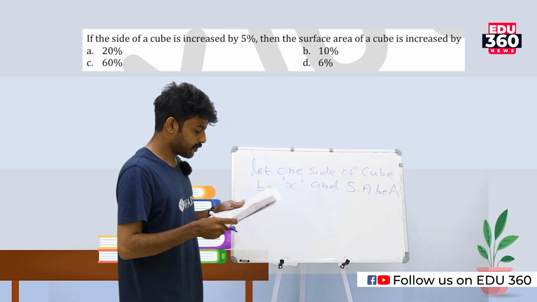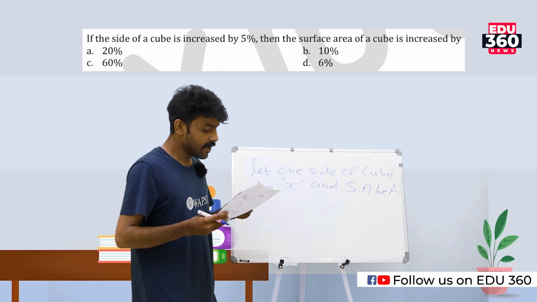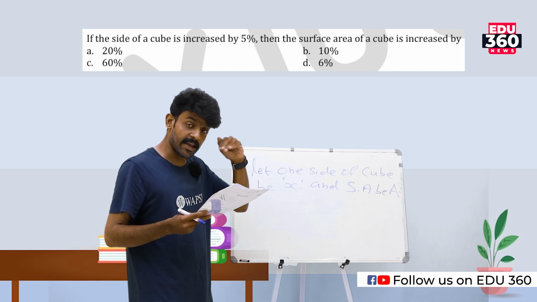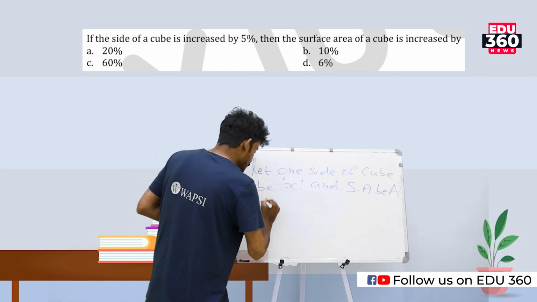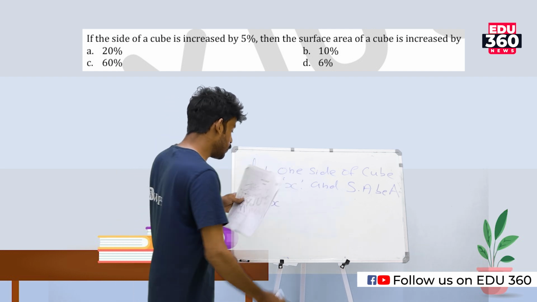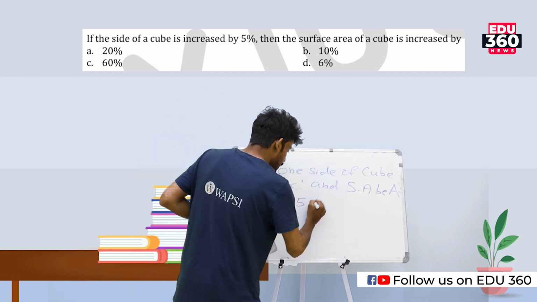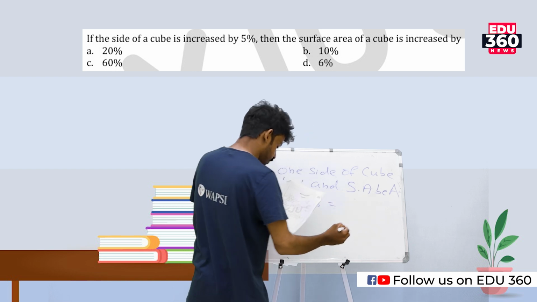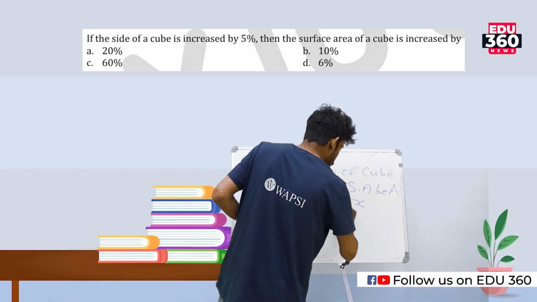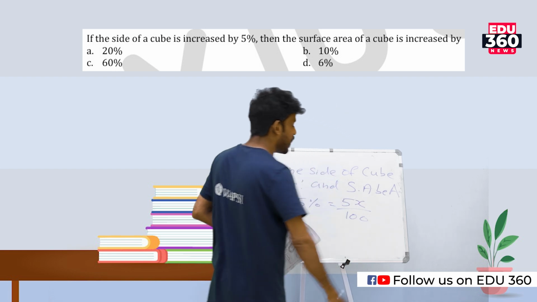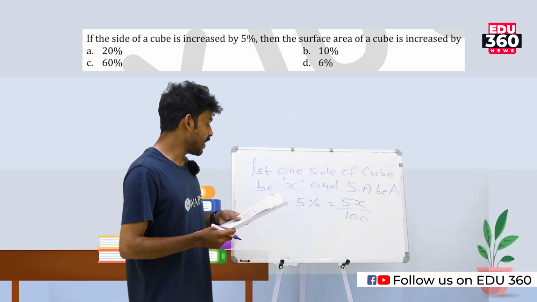Here again read the question. We can see if the side of the cube is increased by 5%, so we can write dx is equal to 5%. That means 5x by 100.